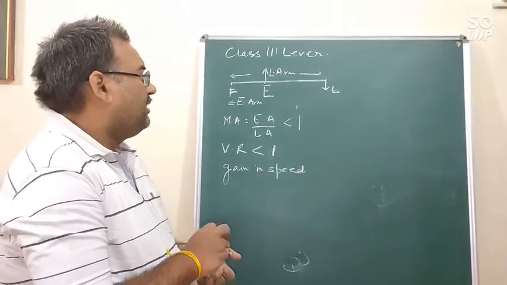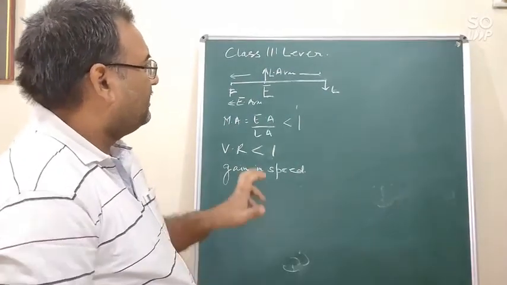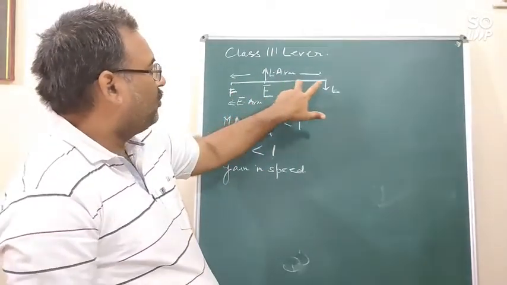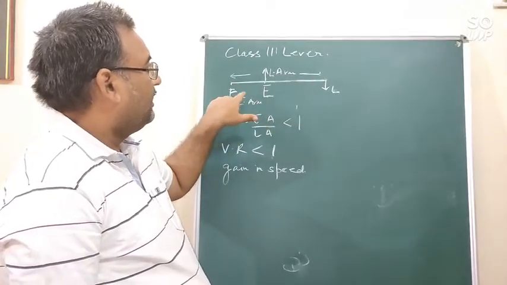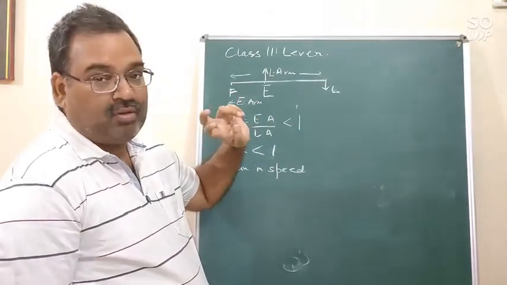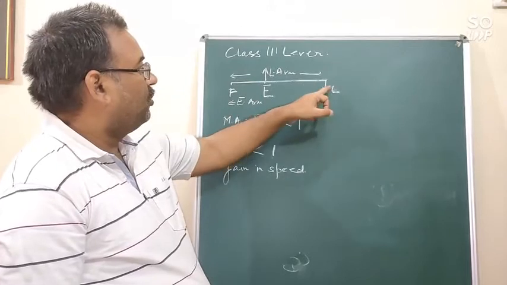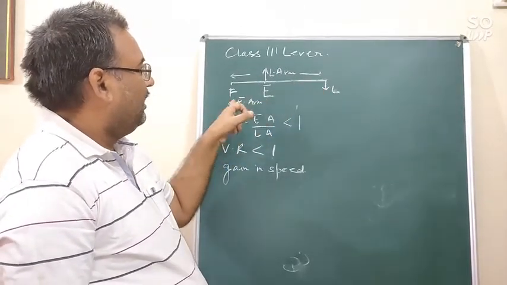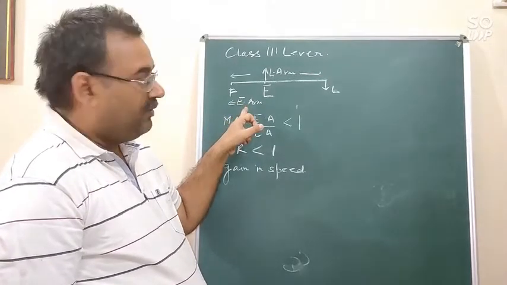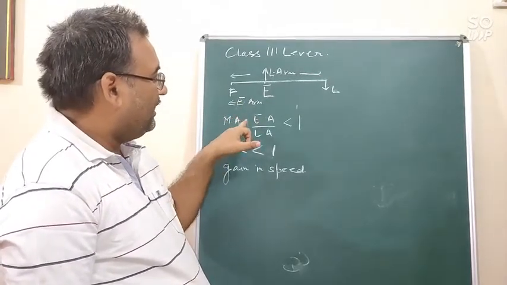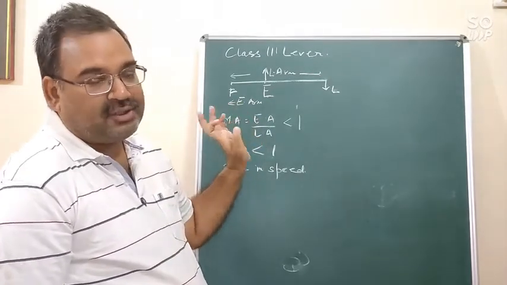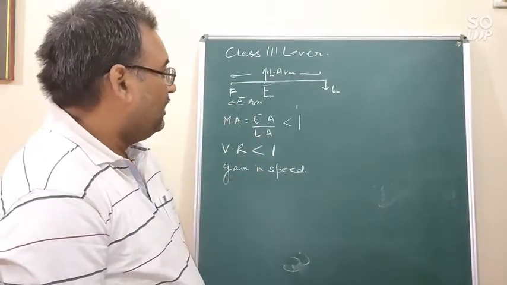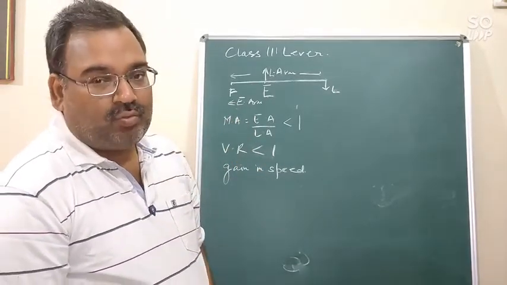Now we look at the distances. The load arm is always longer than the effort arm. The length of the load to fulcrum, load arm, is always greater than the effort arm. So we have the mechanical advantage. Mechanical advantage is ratio of effort arm to load arm. It is always less than 1.